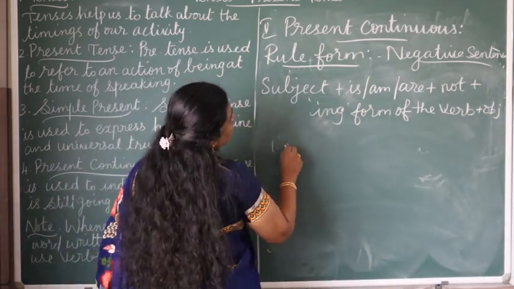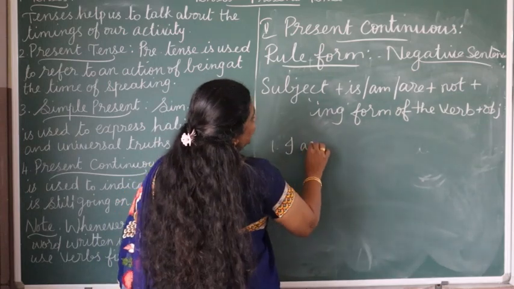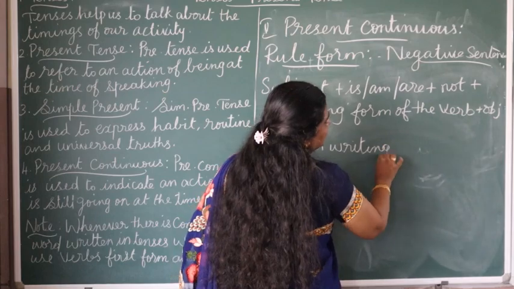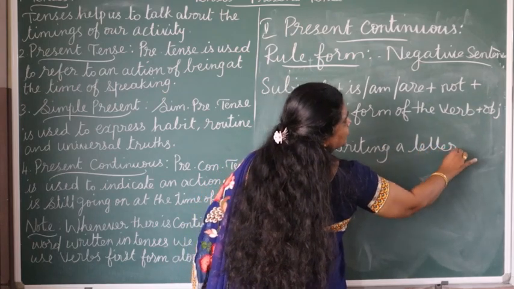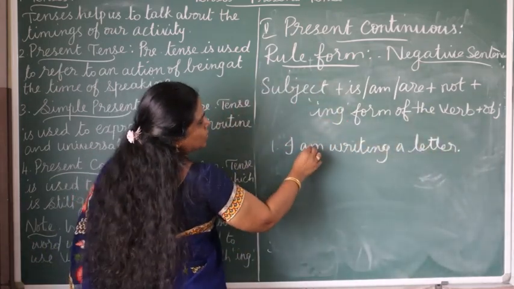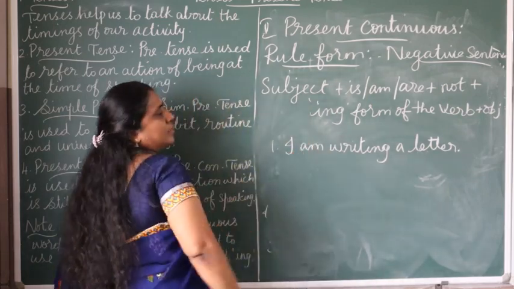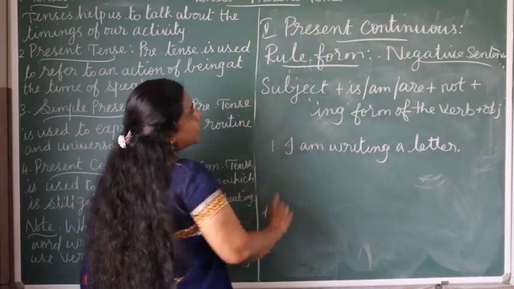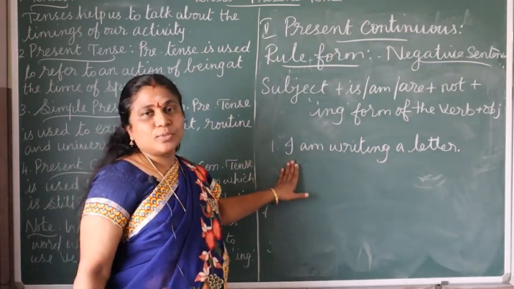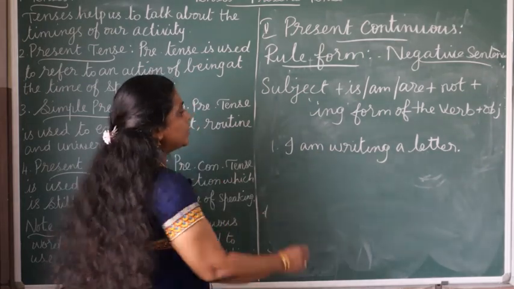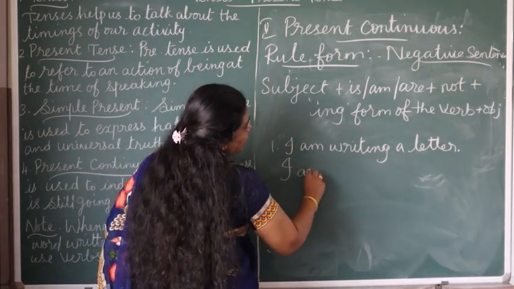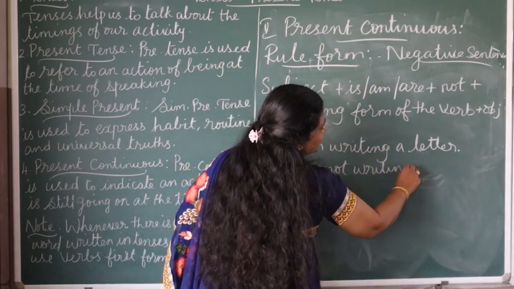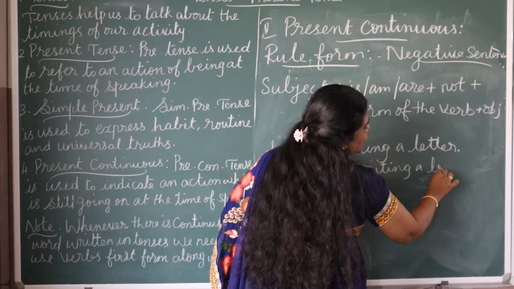First one, I am writing a letter. So here the helping verb am comes after the subject. In a negative sentence we use not after the helping verb. So I am not writing a letter.